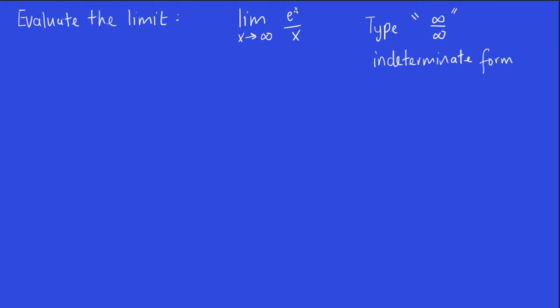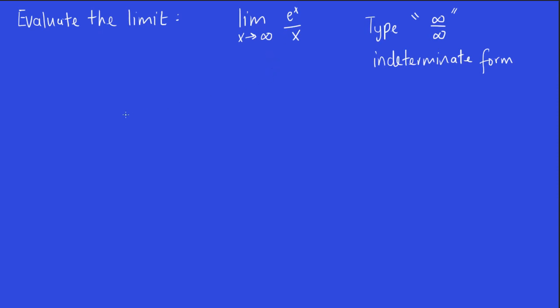And an exponential function goes to infinity much, much faster than a polynomial does. So when I take e to the x, this exponential function, and divide it by little old x, it's not gonna affect it too much. E to the x is growing much, much faster.